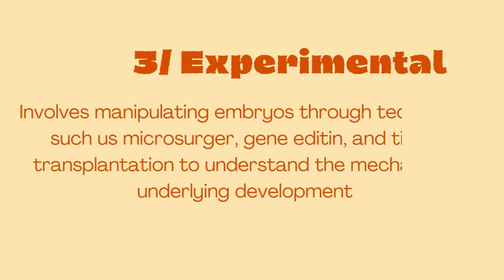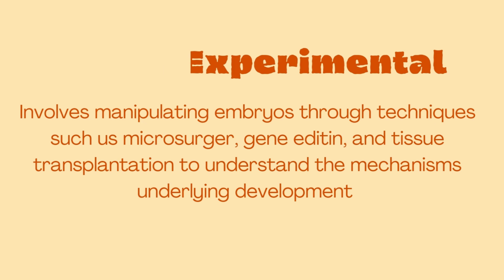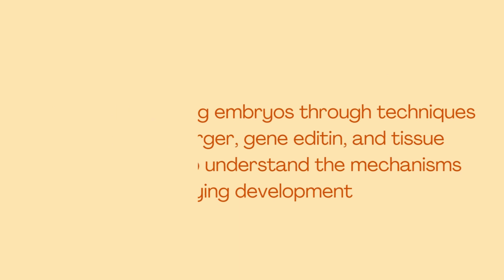It involves manipulating embryos through techniques such as microsurgery, gene editing, and tissue transplantation to understand the mechanism underlying development. And this represents the motivating parts in embryology. So you will be able to manipulate some experimentation in lab. You will learn some process and so on.